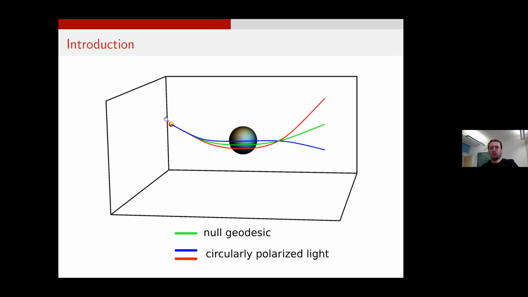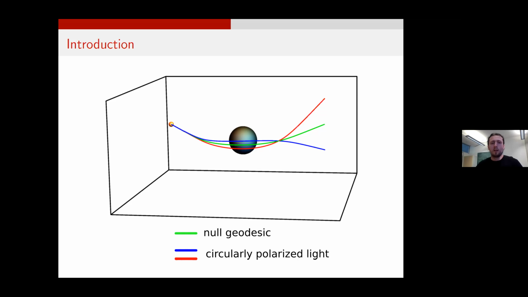Now, on the other hand, if we consider the equations that we obtained and we consider circularly polarized light, and we look at similar trajectories, what we will get is that due to the polarization, these light rays will get deflected off the equatorial plane, and in the end, we'll have this finite deflection angle off of the equatorial plane of the null geodesic. And this also will depend on the state of polarization of light. So this is basically the spin Hall effect of light in Schwarzschild in a nutshell.